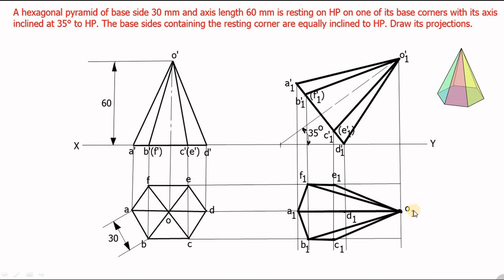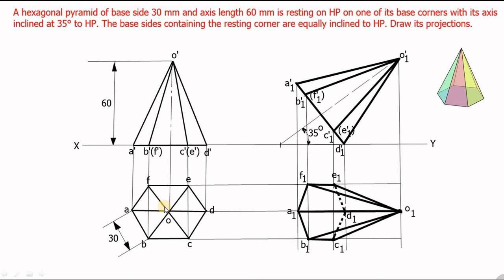Similarly BC and CO can be drawn in visible line. So the remaining right side edges, that is ED, CD, DO, EO, CO, all these can be drawn in invisible line, that is hidden line. So let us do one by one. ED, first ED can be drawn in invisible line. Similarly CD can be drawn in invisible line, that is dotted line.